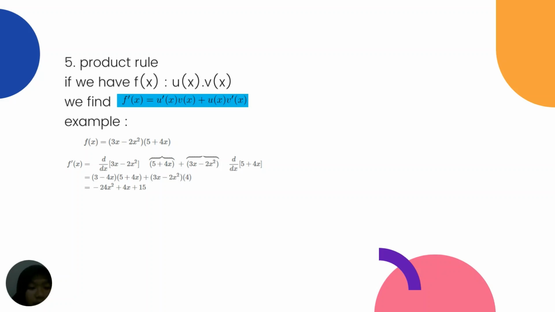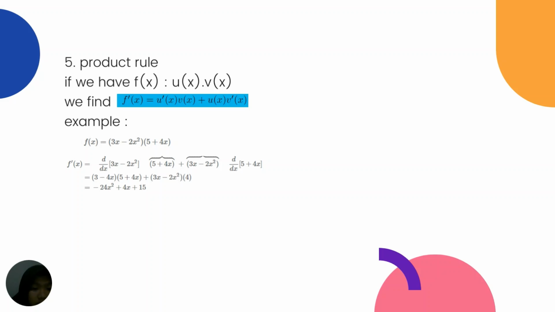F prime x is d dx of 3x minus 2x squared, times 5 plus 4x, plus 3x minus 2x squared times d dx of 5 plus 4x.